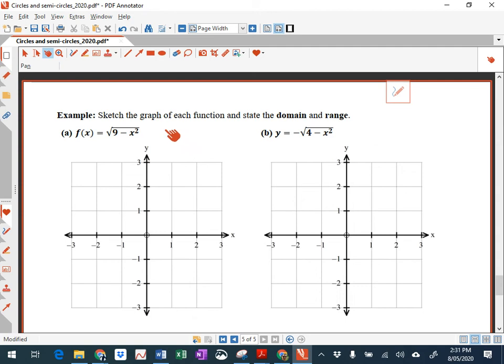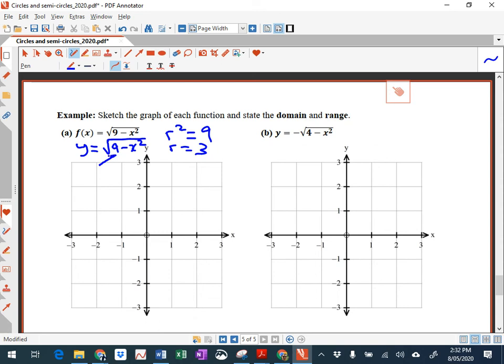Now sketch the graph of each function and state the domain and range. Okay, so this will have a radius of 3, won't it? So think about it. This is of the form y equals the square root of 9 minus x squared, and that 9 there is the radius squared, isn't it? So we can say r squared is equal to 9, r is equal to 3.